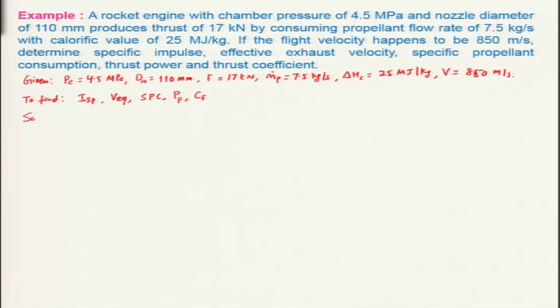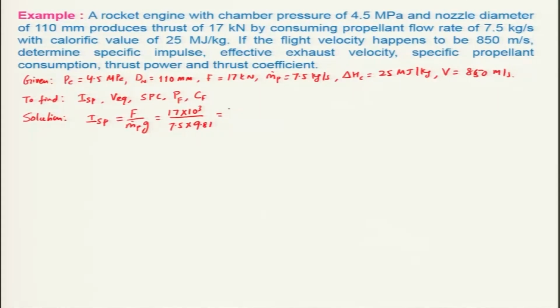So, we will see how we can obtain this. We have already derived the expression for I_sp in terms of thrust: F divided by m dot p into g. F is 17 kilonewton, that is 10 to the power 3, divided by 7.5 into 9.81.